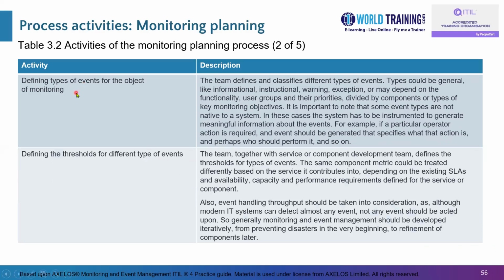Then the third activity is to define the type of events for the object of monitoring. So here, the type of events means the classification or the categorization, and you already know them. There are 4 types: informational, instructional, warning, and exception. And defining the types and specific events under them depends on the nature of the service, what is expected by the customer and the users, their priorities, and so on, and the components that are involved in the service, all that.